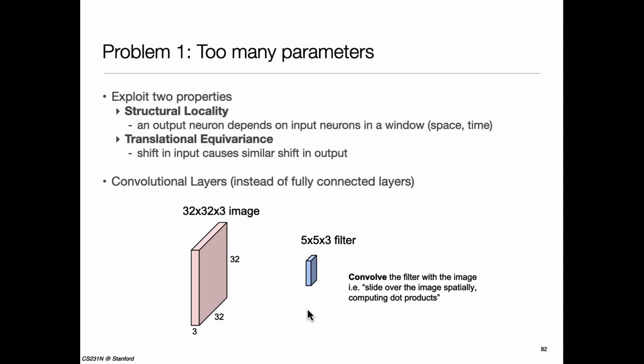So instead of all those large number of parameters, I have a very small filter or kernel that gives me all the parameters, and then we repeat this.